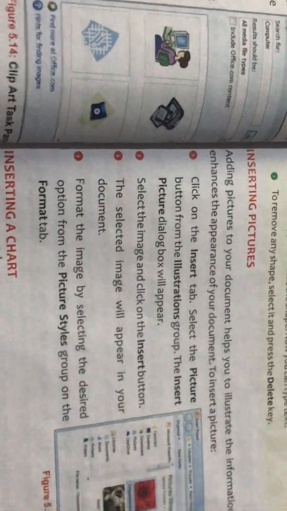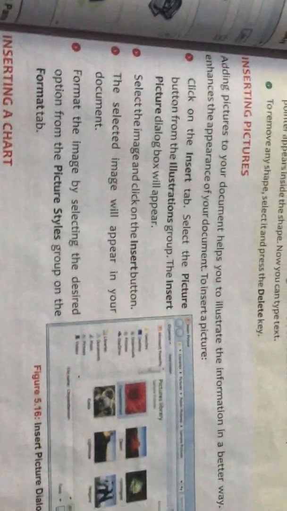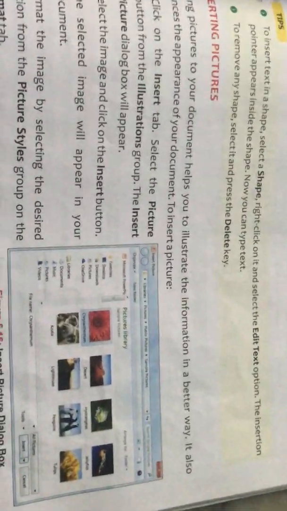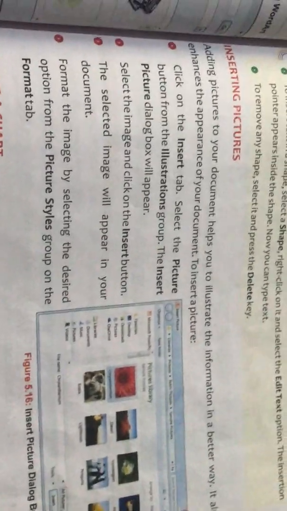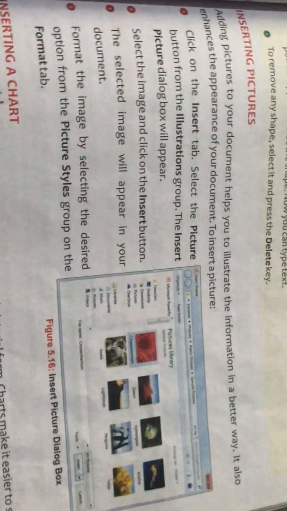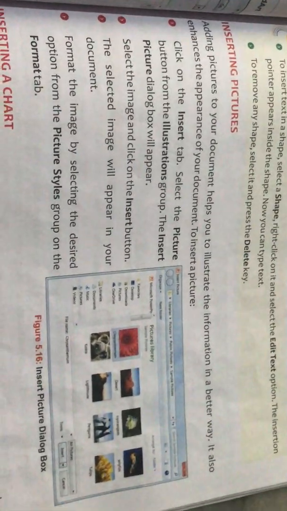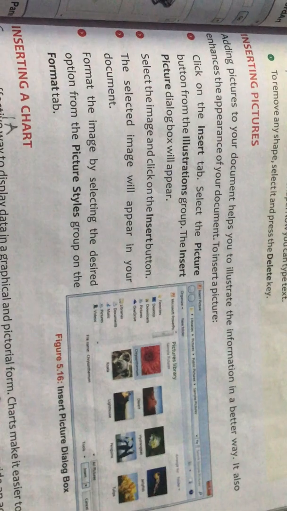Inserting pictures. Adding pictures to your document helps you to illustrate the information in a better way. It also enhances the appearance of your document. To insert a picture, click on the Insert tab. Select the Picture button from the Illustrations group.